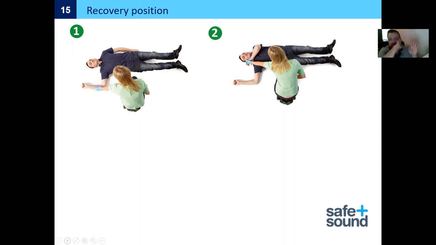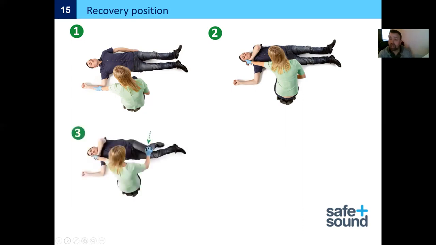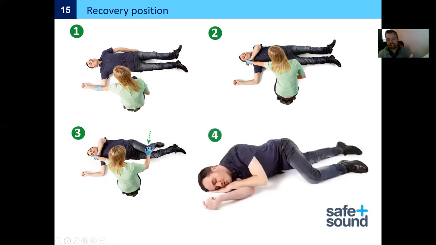So we're now in that position. Now, if they're wearing rings, we're going to turn the rings around so the stones are facing upwards, not causing further injury. We're going to bring the furthest knee up, so it's elbow to knee. So we've got like that Twin Peaks thing going on. We're going to bring that knee up and we're simply just going to then roll them onto our side.